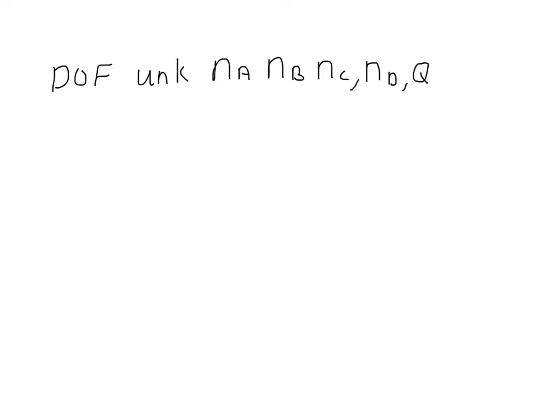We'll do a degree of freedom analysis around the reactor. The unknowns are Na, Nb, Nc, Nd, Q, and if we use extent of reaction, we'll have that as an unknown, the extent of reaction.